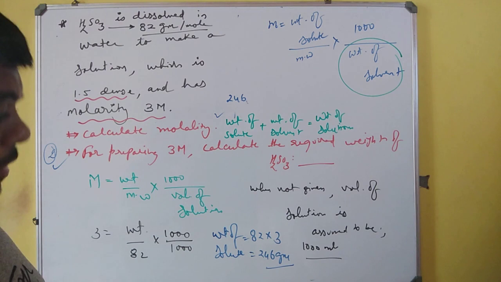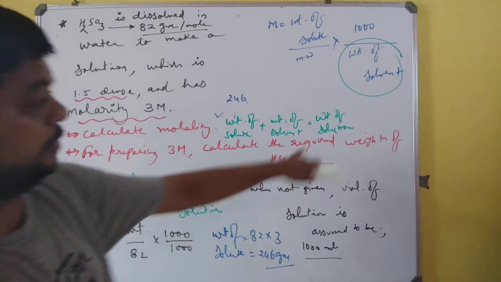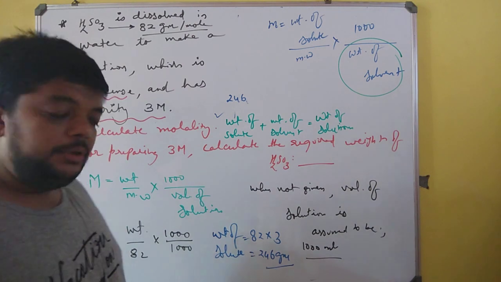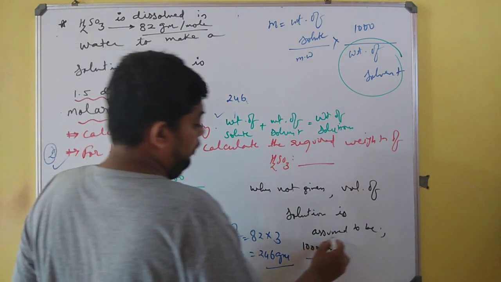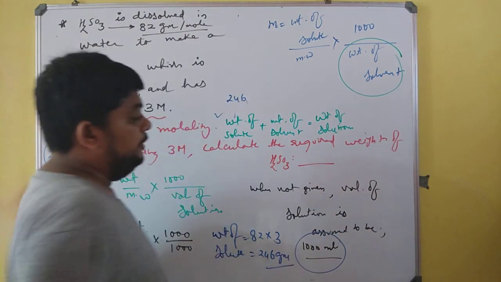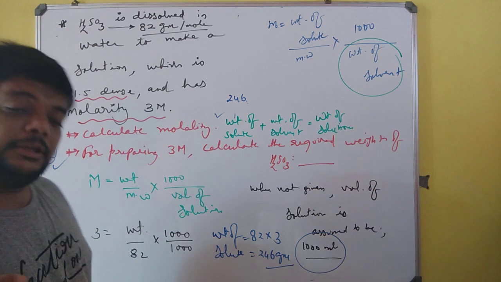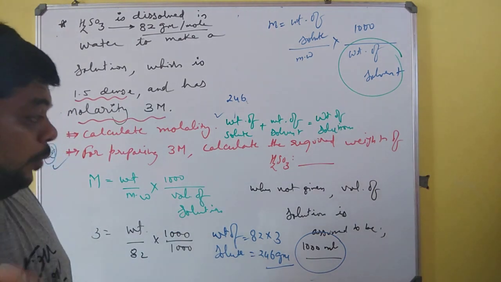But for that, you must know the weight of solution. We are not knowing weight of solution, but we are aware of the volume of solution. If volume of solution is 1000, its density is 1.5, then weight of solution has to be 1500 gram. Why?